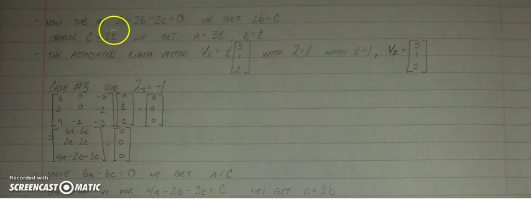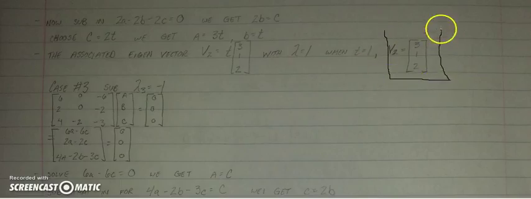Now I'm going to sub that in to the 2A minus 2B minus 2C equals 0 and get 2B equals C. Alright, now I'm going to choose that C equals 2T, and I got A equals 3T and B equals T. So the associated eigenvector 2 equals T times this matrix, with the eigenvalue equals 1 and when T equals 1. So here's our second vector.